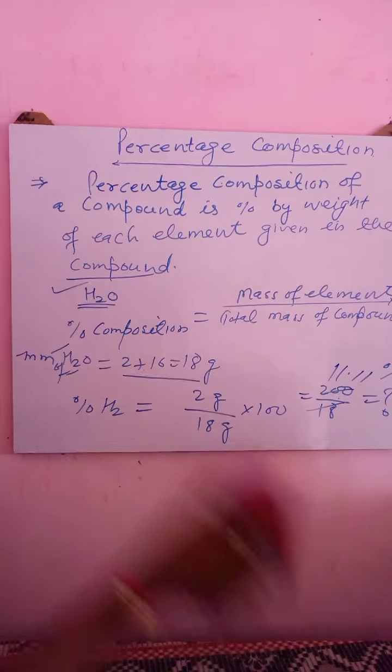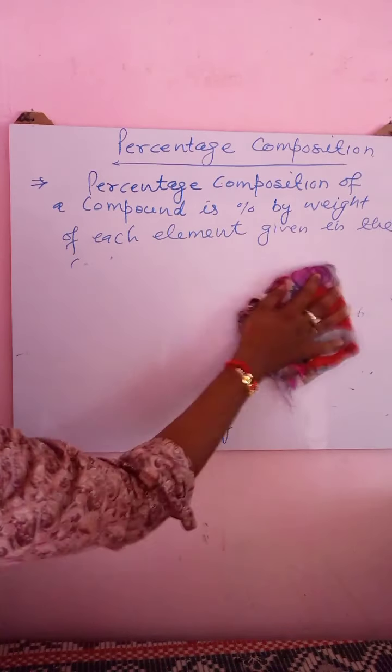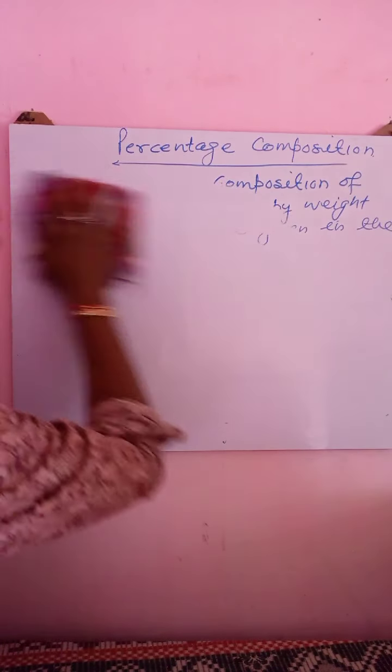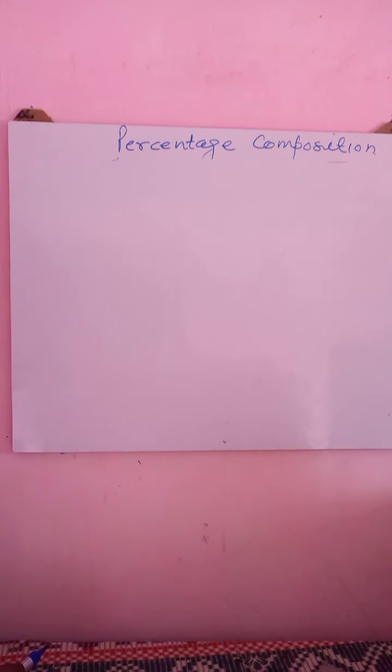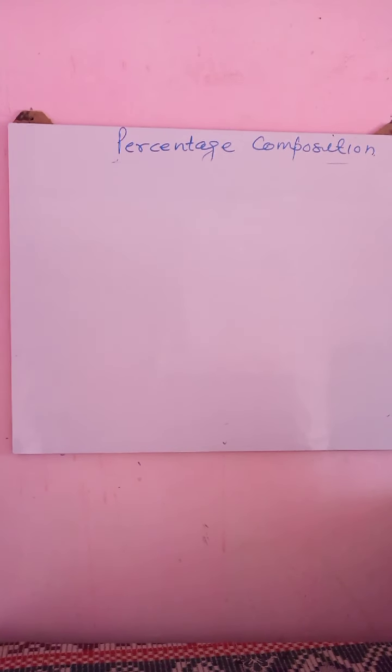If we talk about oxygen, how much oxygen is present in the water molecule? If only 2 elements are present in a particular compound, it is very easy. Once you get the percentage composition of the first element, it is very easy to find the second: 100 minus whatever you got.